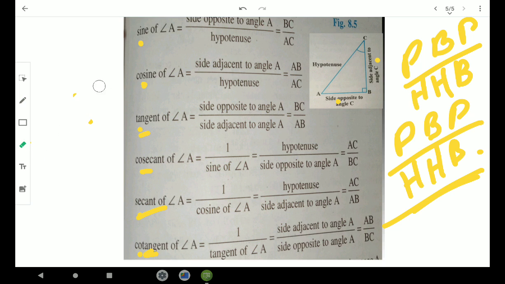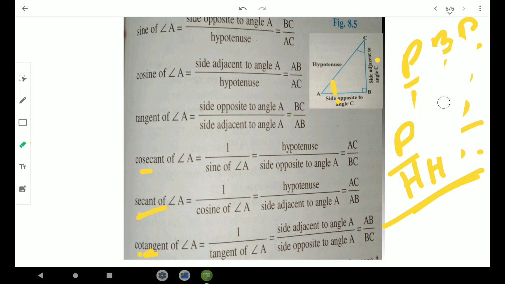What is the main meaning? Sine is the side opposite to the angle we are considering, here angle A. The side opposite to angle A is BC, upon the hypotenuse.